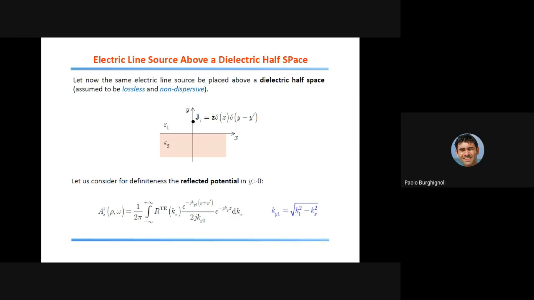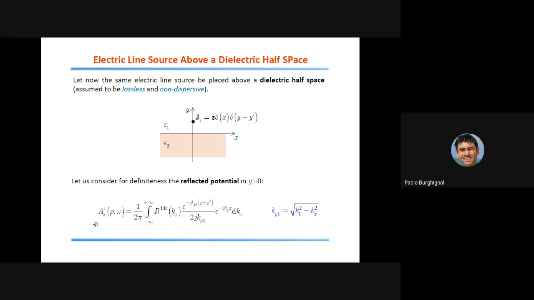And let us examine, for example, the reflected potential, just for definiteness, because it would be simple to examine also the transmitted potential. But let us stick to the reflected potential, so we will work in the upper half space where y is positive.